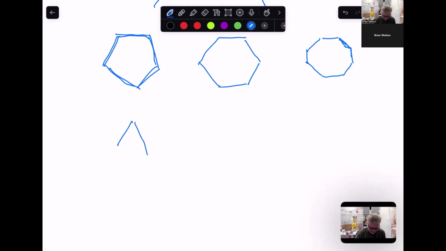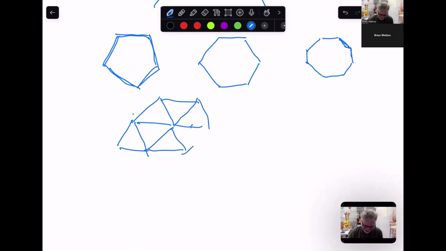There's the triangle. You can do the triangles, and you can keep going, and you can cover everything with that shape, leaving no space uncovered. That's what it means by tiling.